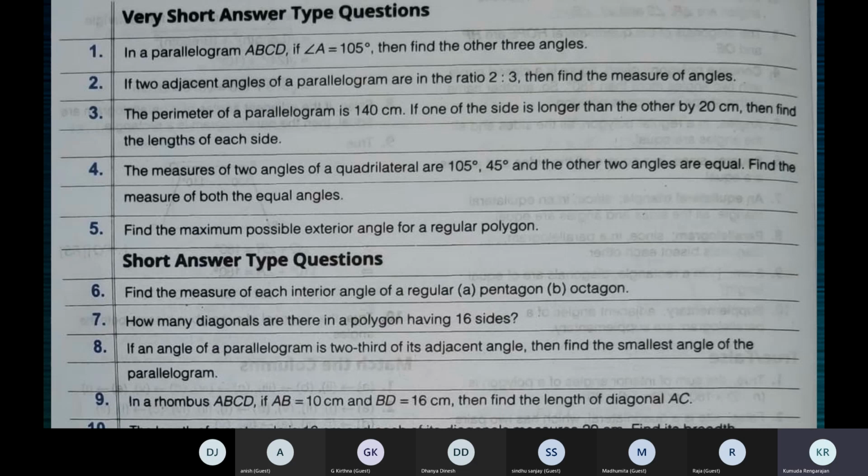The perimeter of a parallelogram is 140. One side is longer than the other by 20 centimeters. Find the length of the sides. Ma'am, I found the length, but I have to find the breadth. Okay, tell me.